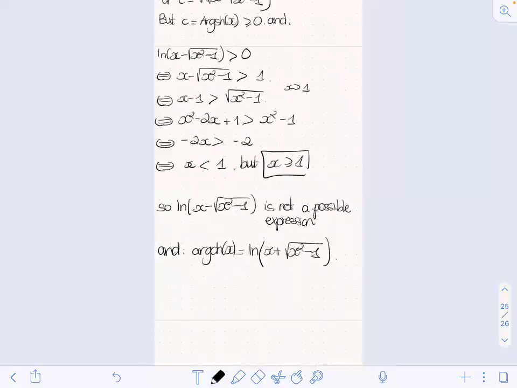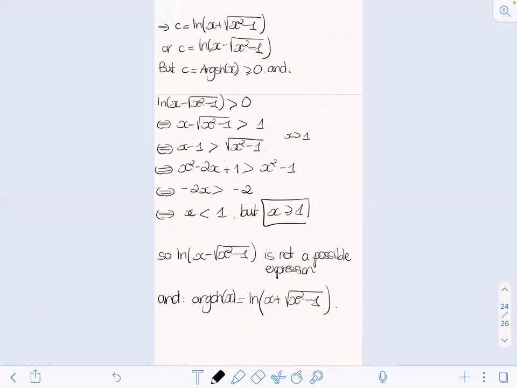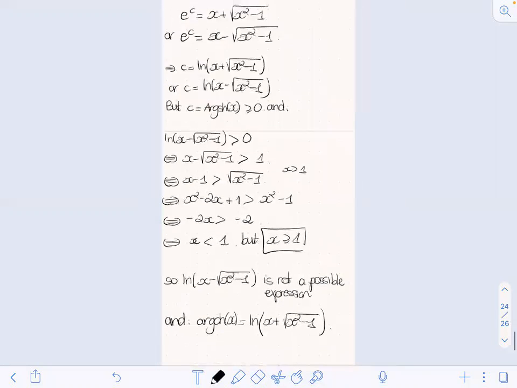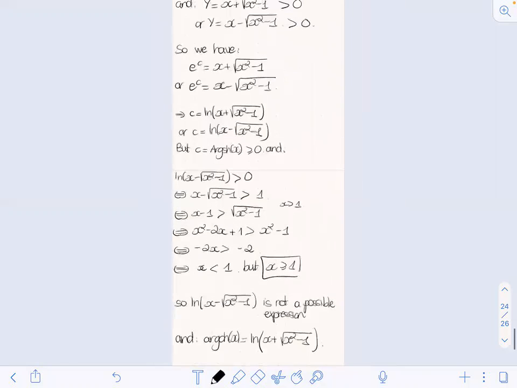So in this setting, we applied the same methodology as for the hyperbolic sine function, but for the hyperbolic sine function, it became apparent when expressing exponential of c. In one case, it was equal to something positive, in the other case, it was equal to something negative. And so the choice was made at that stage as to exponential of c equal to the term that was positive. So the other possibility just wasn't, we couldn't have that.